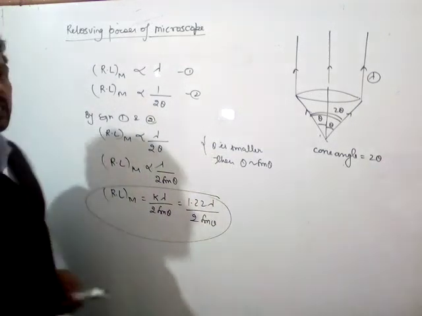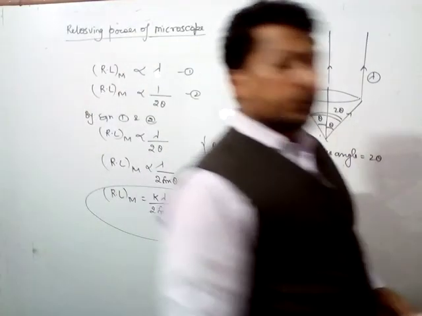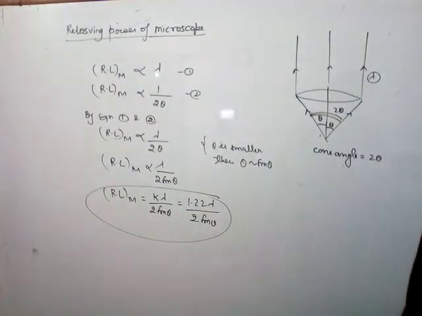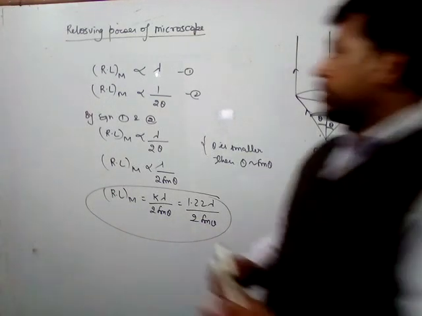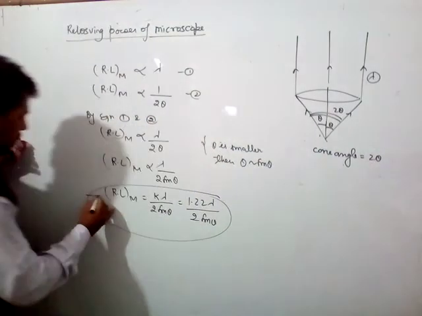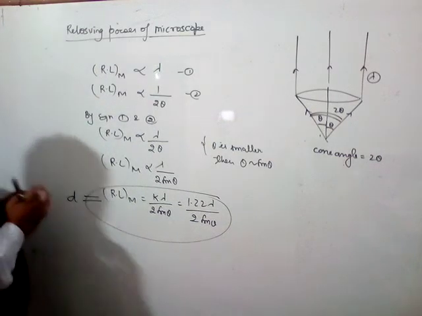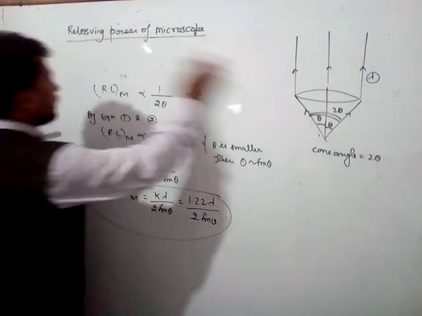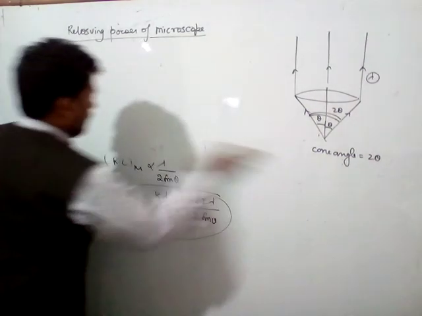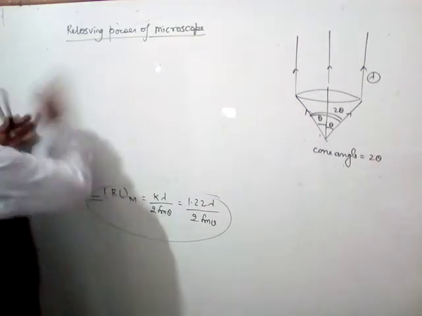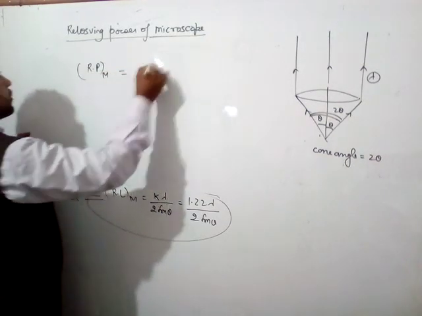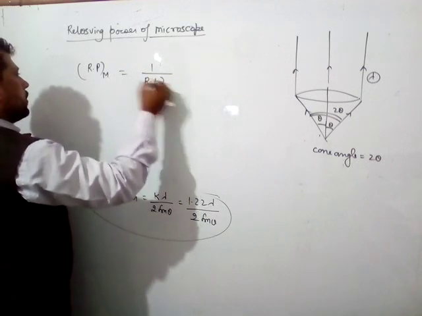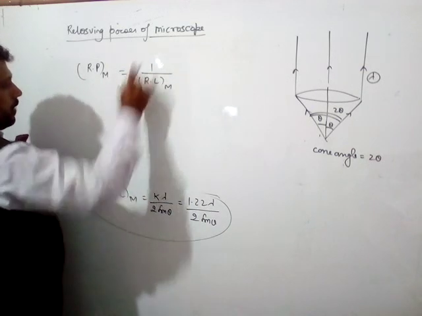This resolving limit is denoted by small d. Resolving power of the microscope is 1 by the resolving limit, that is 1 by d, since we denoted the resolving limit by d.